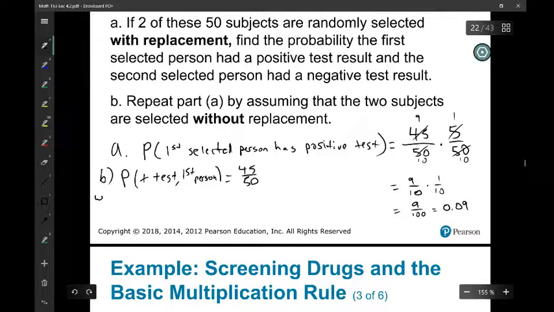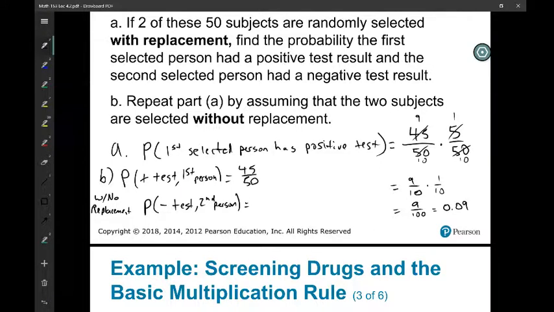But without replacement, well, then the probability of a negative test, second person, since we're not putting the person that we selected the first time back in, and we're assuming that we selected someone with a positive test, we will then have 5 drug users with negative test results drawn from 49. And then we multiply them together.